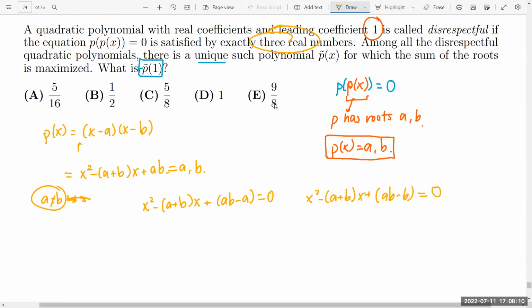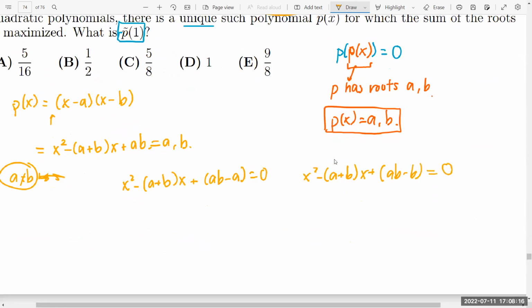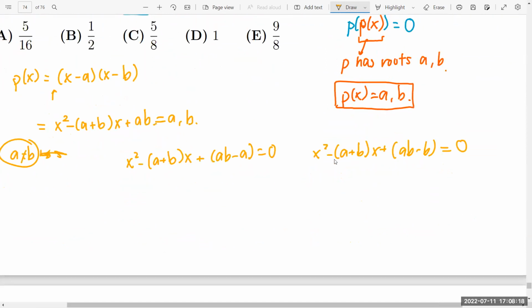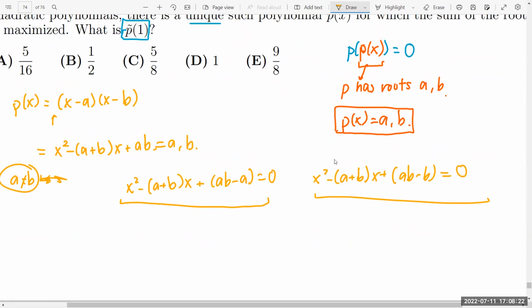If something is satisfied by 3 real numbers, then one of these equations cannot share a root with the other. If they share a root, that means for some root x, p of x will be a and b at the same time, because it satisfies both. That's not possible.